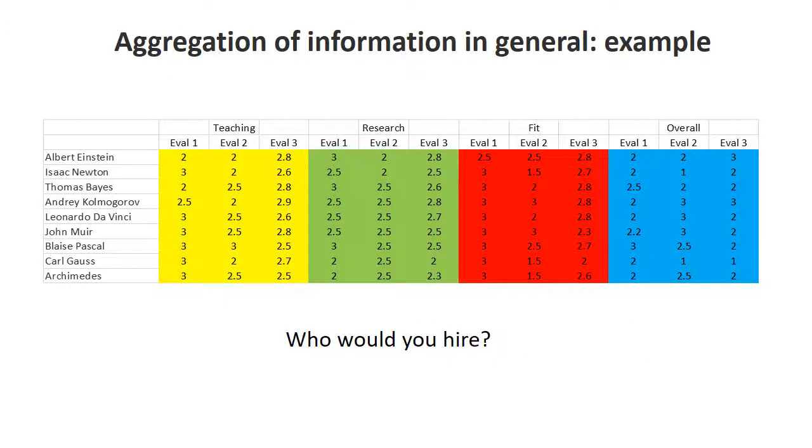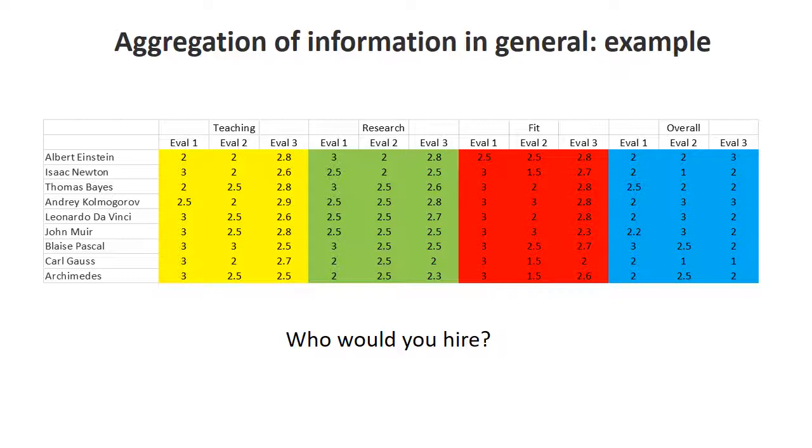So the idea of aggregation of information in general is an important one and occurs in many situations. Here's a simple case. Let's say we're looking to hire somebody, these famous people here, and we ask them for an interview, and there are 3 evaluators, and these evaluators will be scoring those candidates in 4 categories.